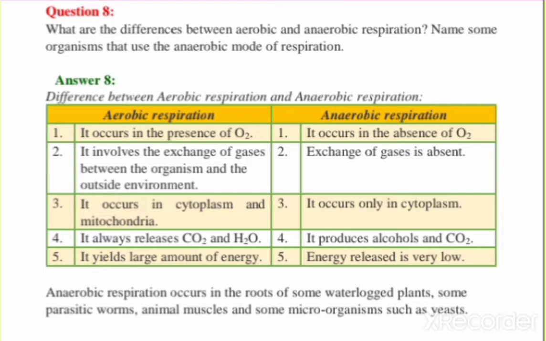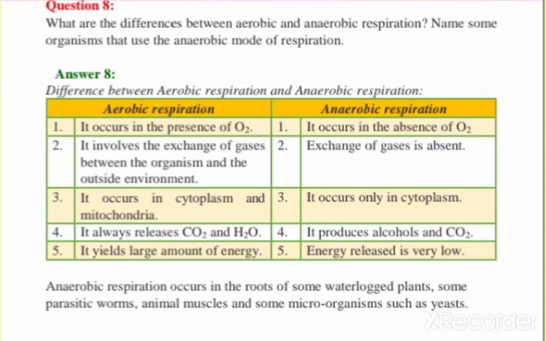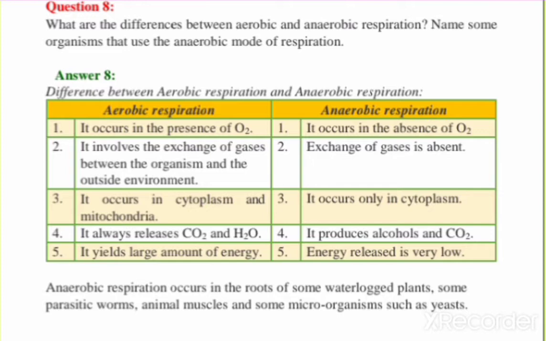So the exchange of gases occurs in this case, with oxygen coming in and carbon dioxide going out to the outside environment. This is the second point. In anaerobic reaction, the exchange of gases is absent, because it occurs in the absence of oxygen.